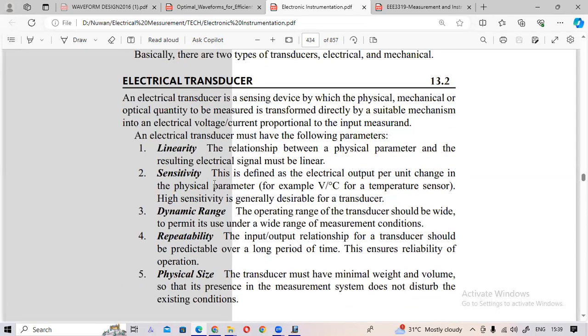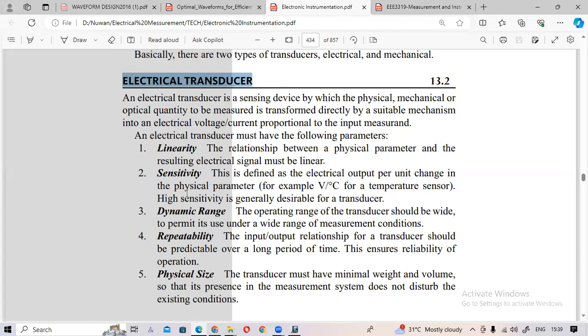And these are some parameters related to transducers. I told you that we are talking about electrical transducers, because one signal is an electrical signal. One form is converted to an electrical signal, or an electrical signal is converted to another form. So we call them electrical transducers.